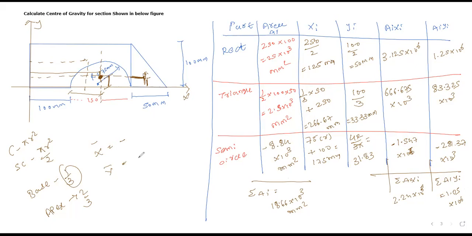Your y bar will be 56.375 mm, and your x bar will be 2.24 × 10⁶ divided by 86.33 × 10³. Your x bar equals 122.204.